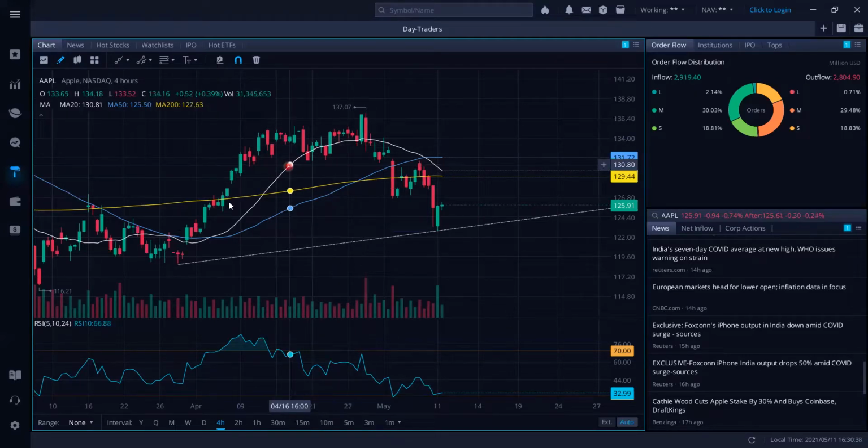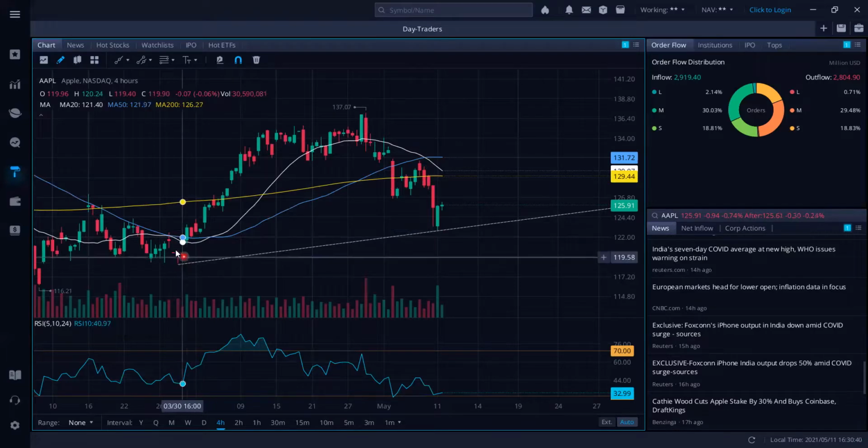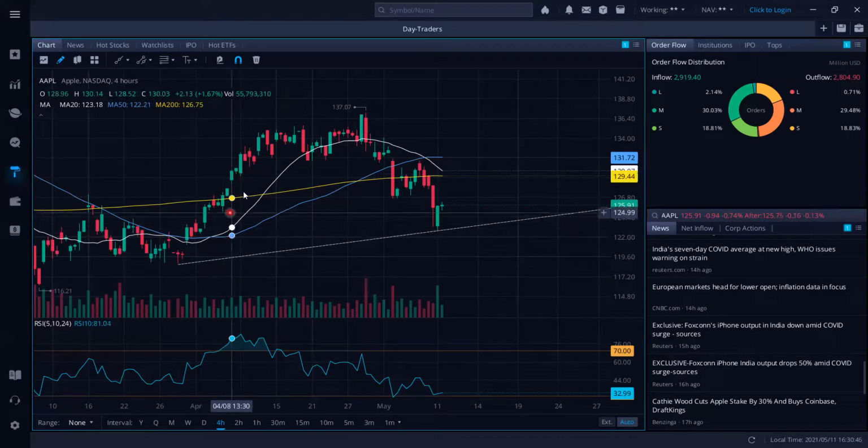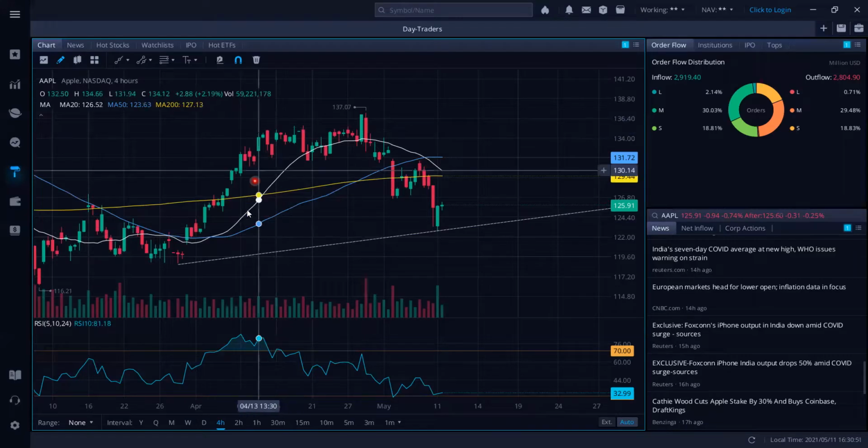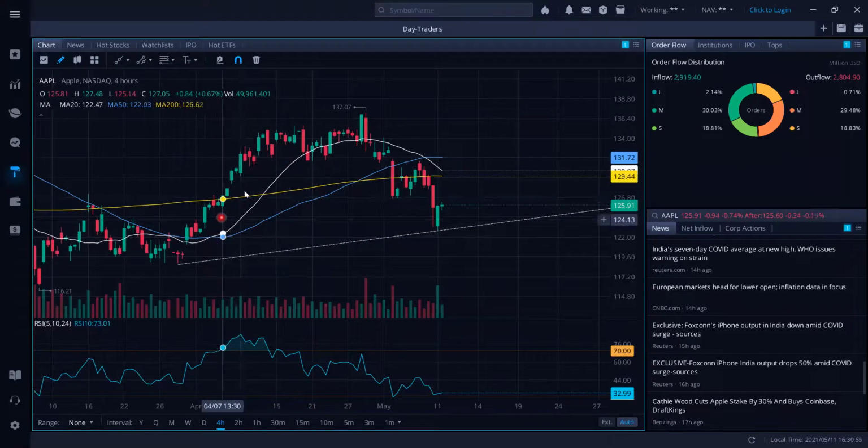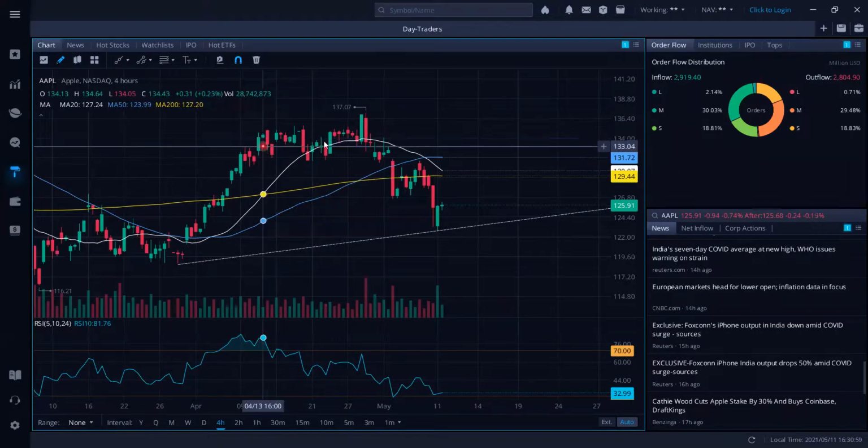Yeah, so let's talk about this, right? We hit our support level here. We start working our way to the upside. But as we're working our way to the upside, look at the distance between the stock price and the average price over 20 days. See that? Look at the distance. So this right here was bound to happen.